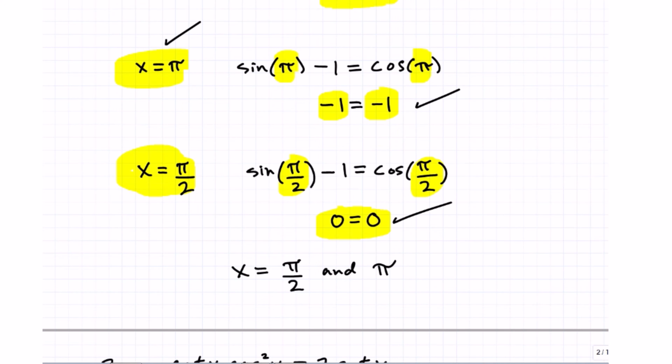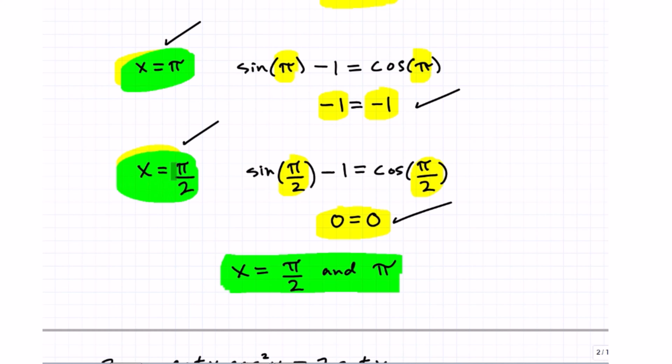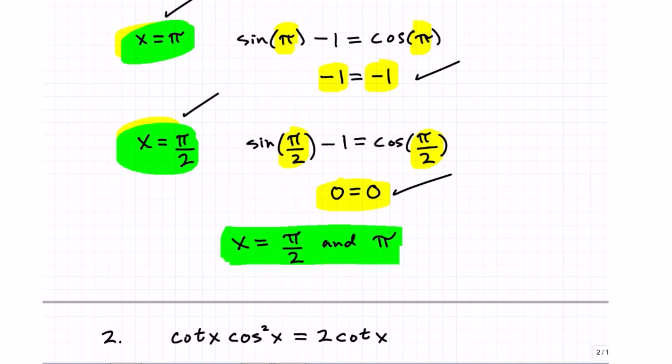We like that as well. That's true, so we'll keep this as a solution. So here are our final answers: x equals pi over 2 and x equals pi. So pi and pi over 2, in the interval between 0 and 2 pi, are the solutions.